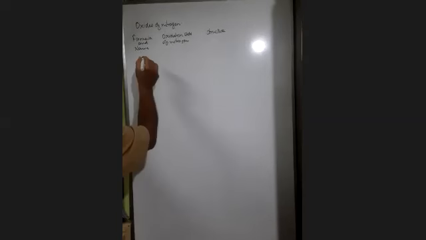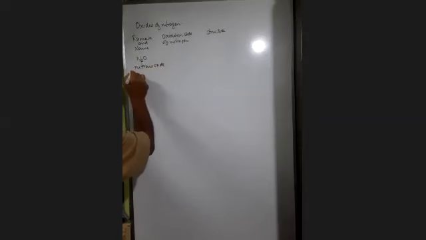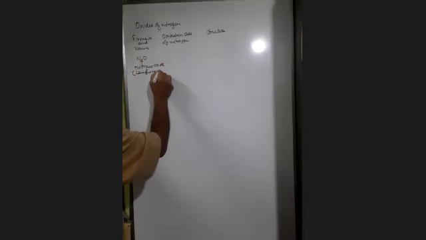So first one is N2O. This is called nitrous oxide. This is also sometimes known as laughing gas. It's not that if you inhale it, you'll feel like laughing, but you develop a sense of happiness. That's all.